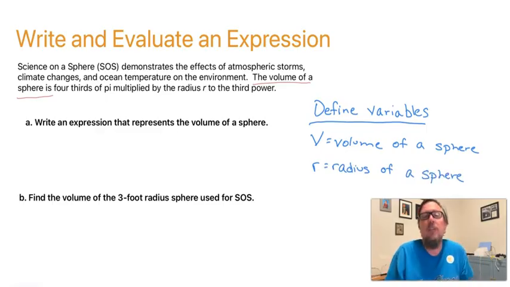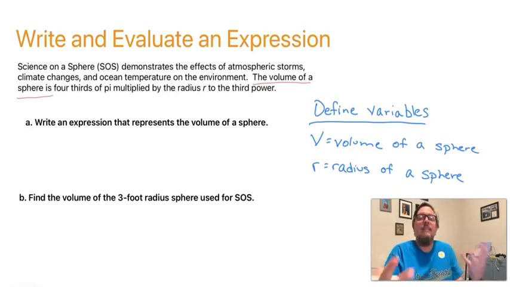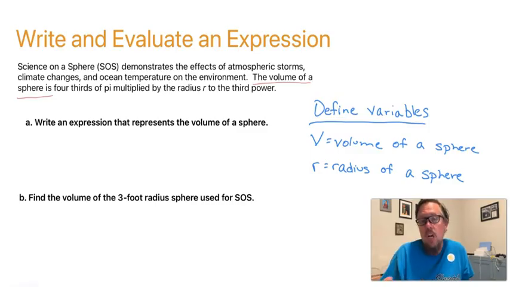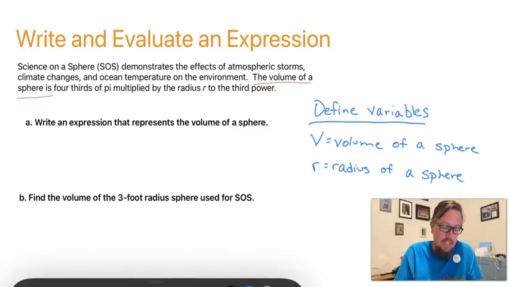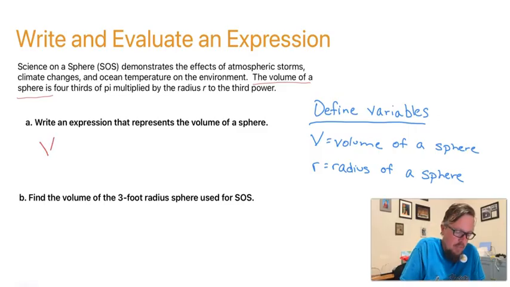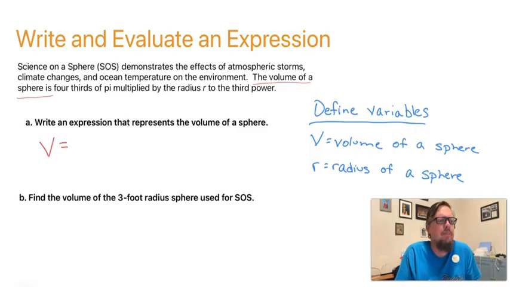So this is going to be an equation where we take the radius of a sphere, we plug it in, and it gives us the volume. And the reason we know it's going to give us the volume is because of that part I underlined in red that says the volume of a sphere is. Is means equals. So volume of a sphere is going to be V equals.